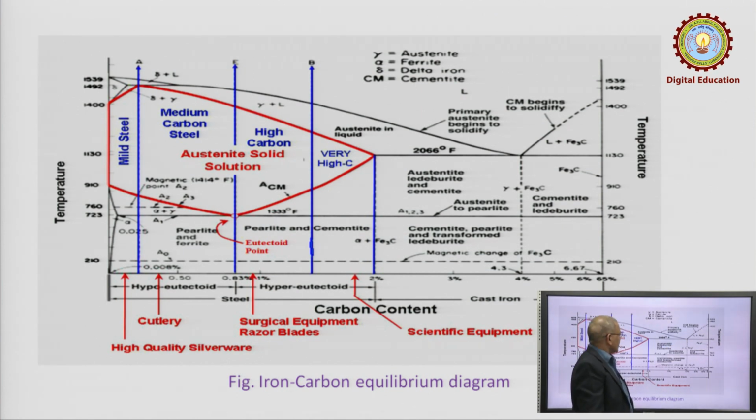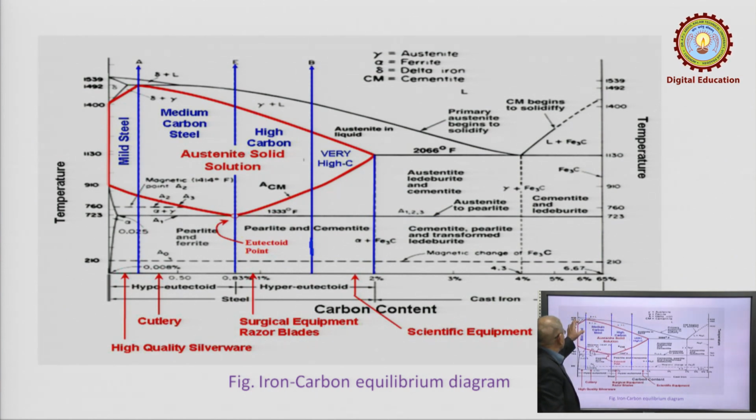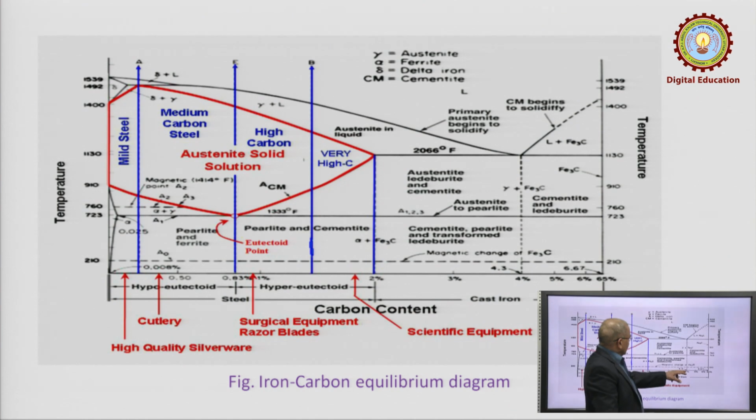The eutectic point is the point where an alloy has a minimum melting point, because the alloying elements try to lower the melting point of each other. So, even though iron has a melting point of 1539, when it is alloyed with carbon and the carbon percentage is 4.3, you get the lowest melting point.